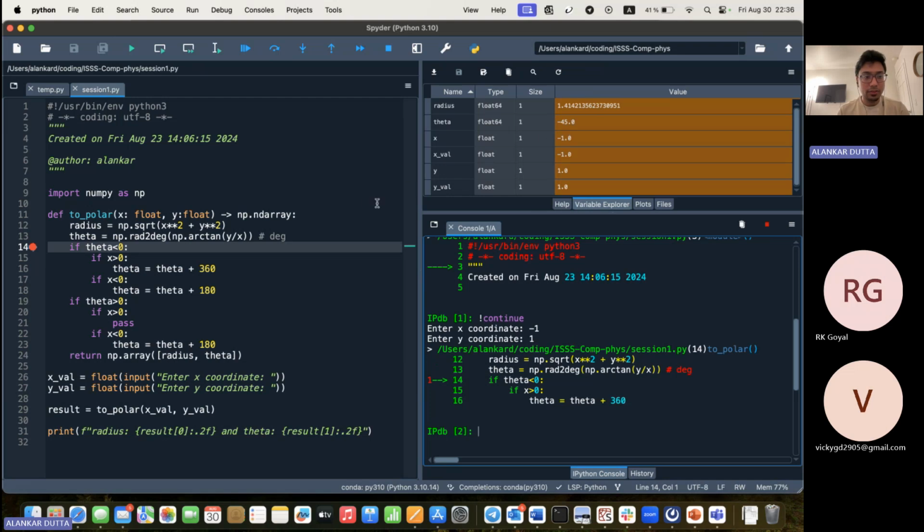So now I have to decide whether theta is in the first quadrant or in the fourth quadrant. To decide that, I come in here, and if x is greater than 0, then I say that it is in the first quadrant.